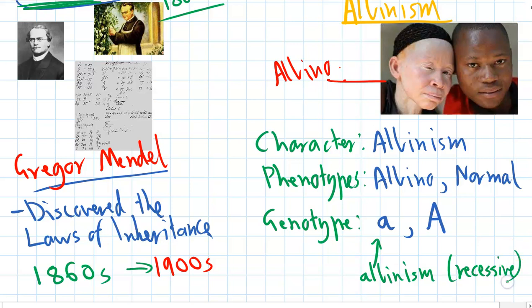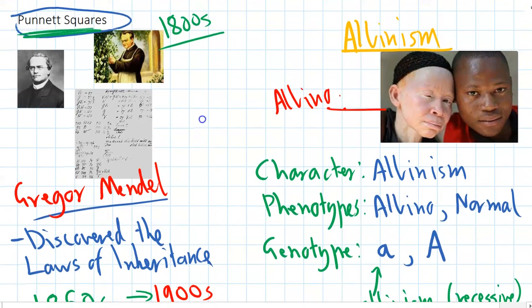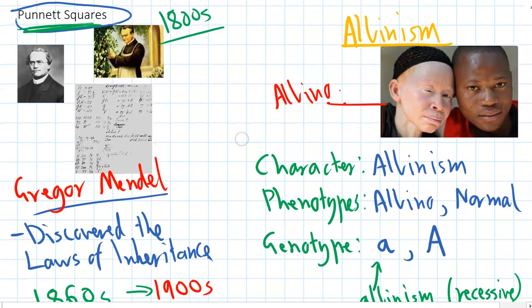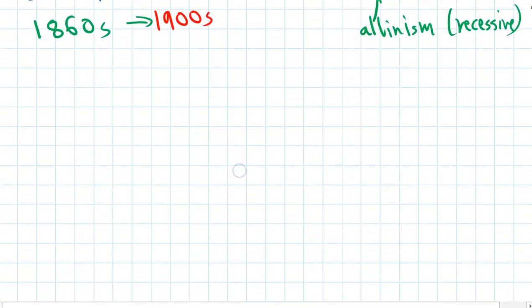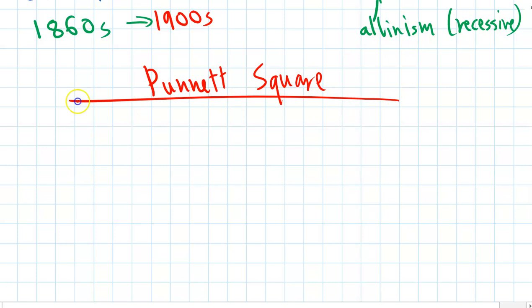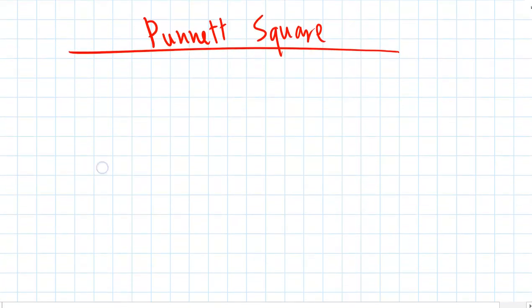Okay, so the way we use Punnett Squares is that they're going to help us predict the percentages or the probabilities of children in terms of the albinism trait. So, we'll start off drawing a Punnett square.